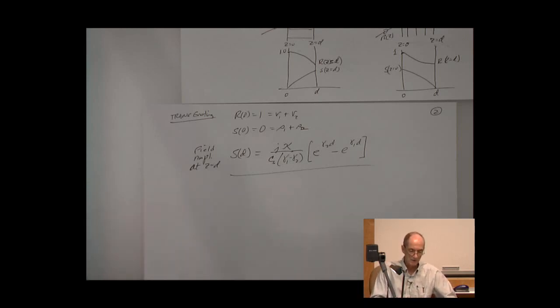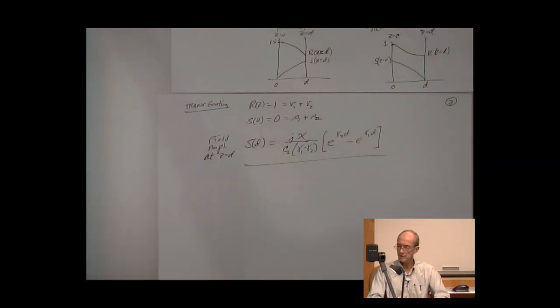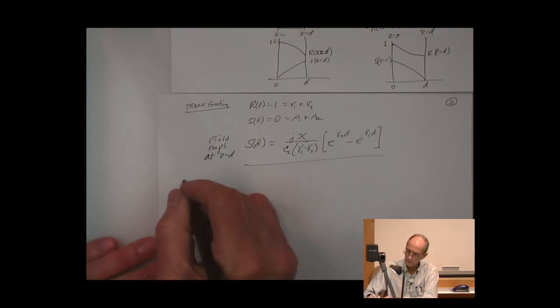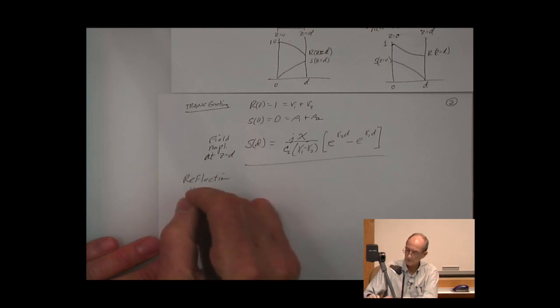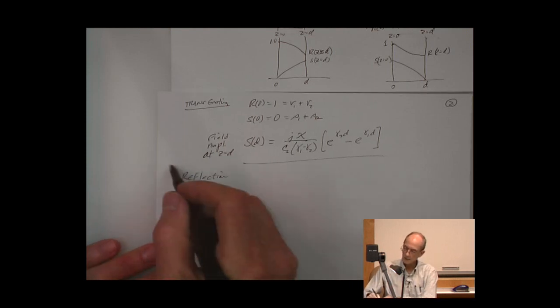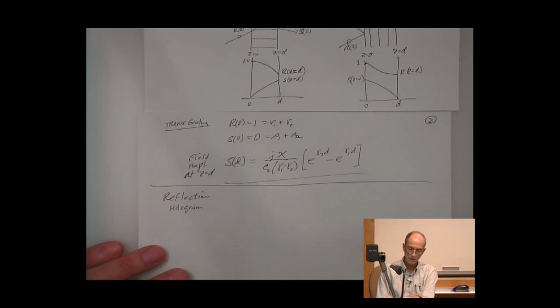It's a good way to begin, give a little synopsis of what the main points were that you need to retain from that lecture. All right, so now, looking at some new stuff, what we didn't do is solve for the reflection hologram or reflection grating. And so we have a different set of boundary conditions, right?